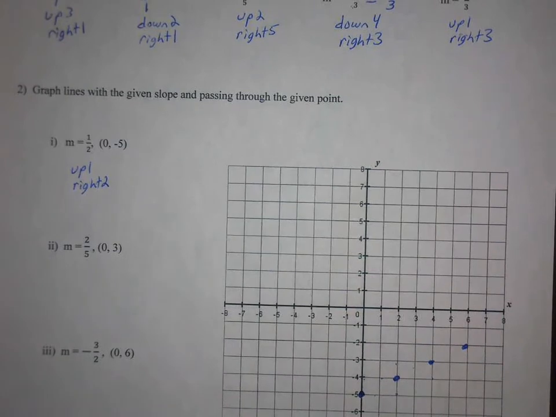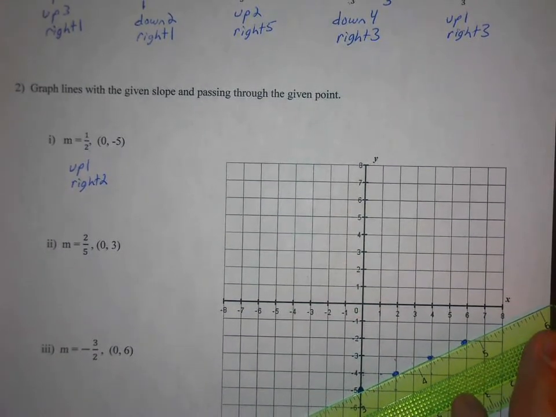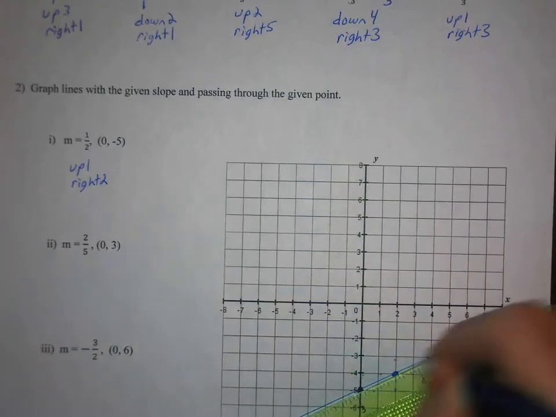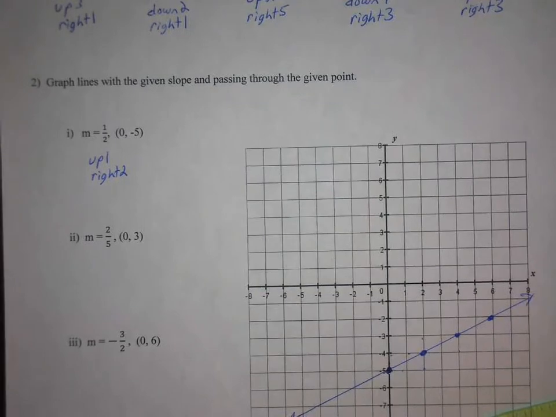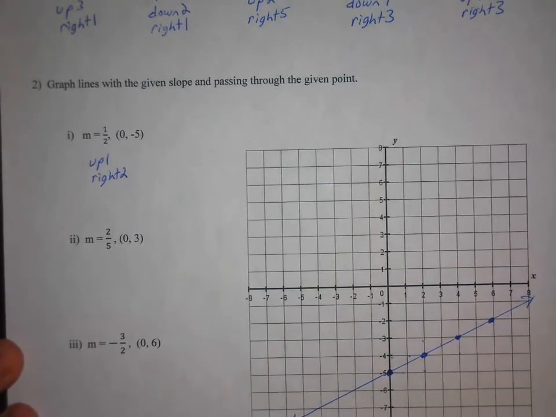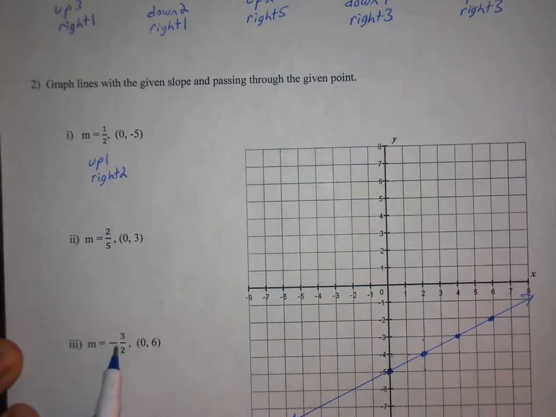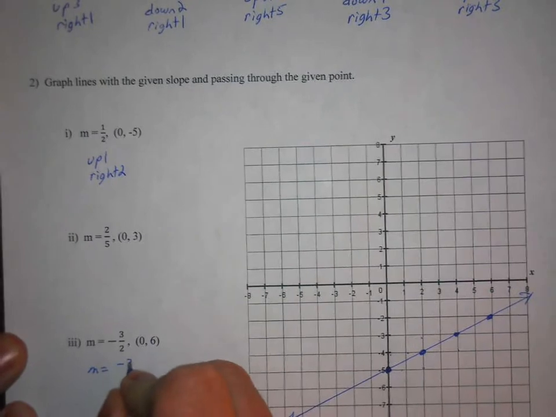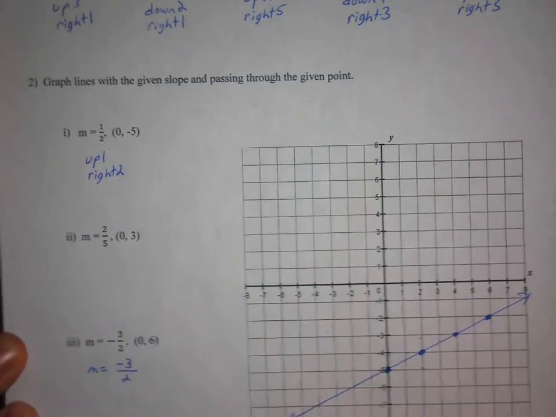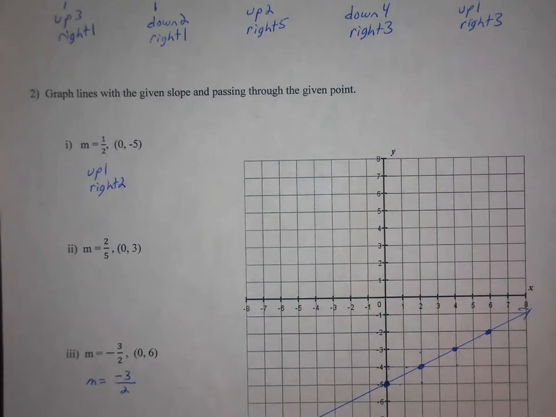So you would plot those points and connect them with a line using a ruler, and there's your graph. So if you try the last 2 here, again, remember that the -3/2, treat that as -3 over +2. Okay, so pause the video and try those 2, and then I'll put the answers up.